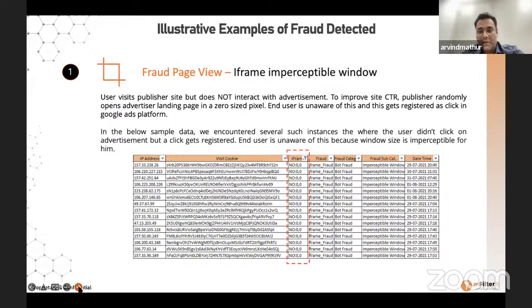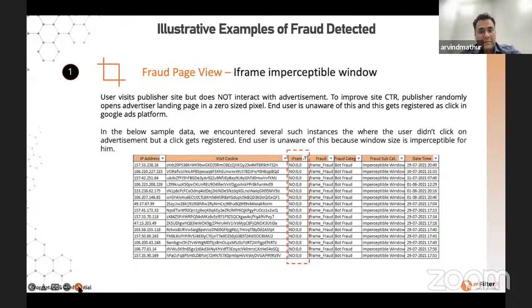So if you observe, for each of these clicks or visits, the website for the brand was opened in a 0x0 frame. Now, 0x0 is essentially the height and the width of the frame within which the session was invoked. And a 0x0 session essentially means that the website was not even visible. Right. But the brand ended up paying for these.